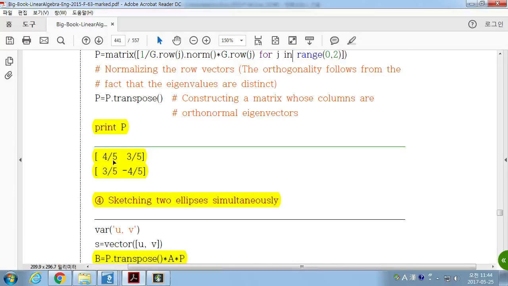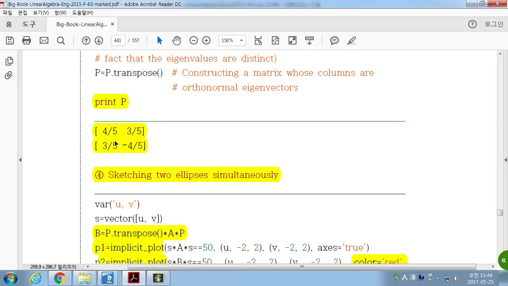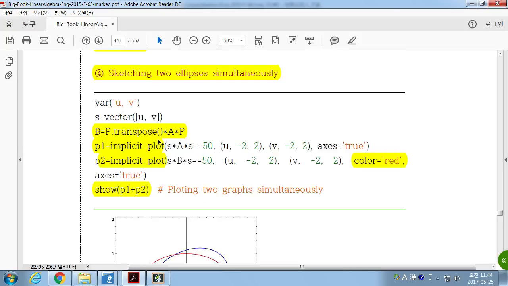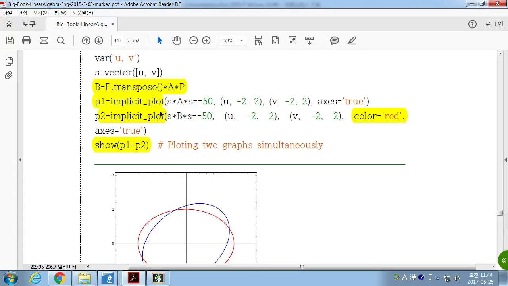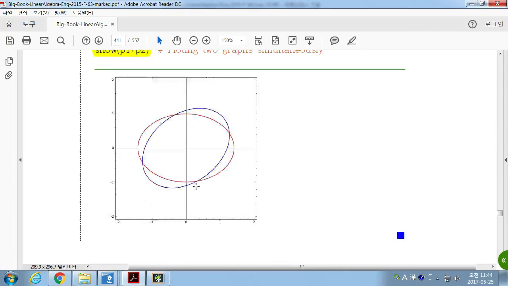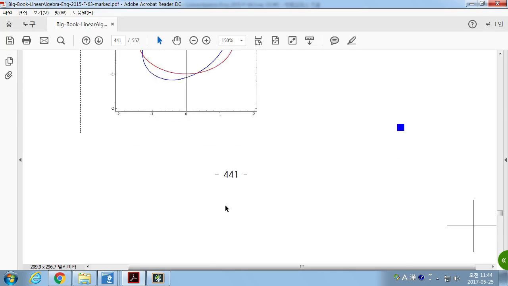Then you can find the orthogonal matrix P. And then you can also draw the sketch of the graph with these rotations, etc. So you can draw the two graphs like this, what you have found by hand.